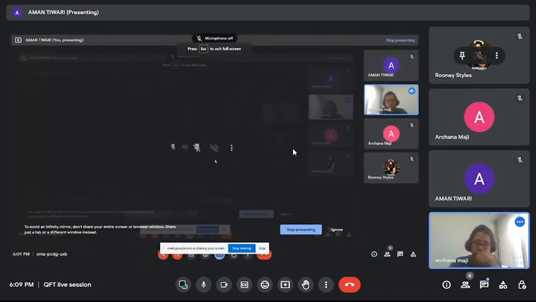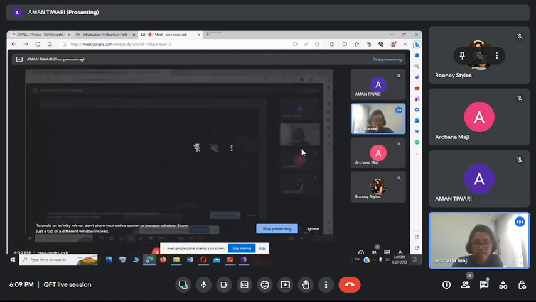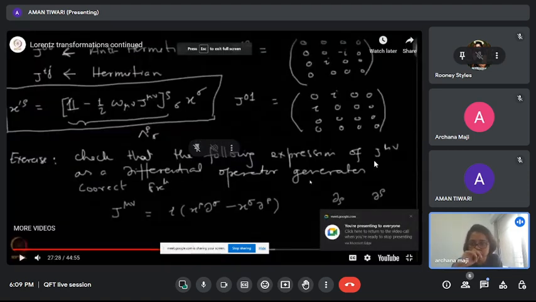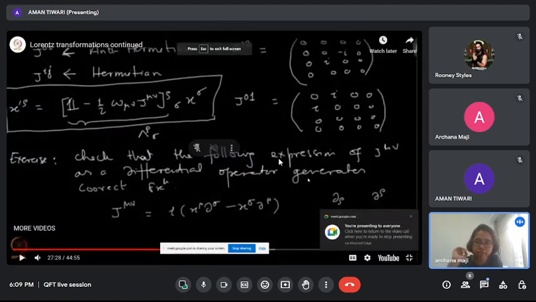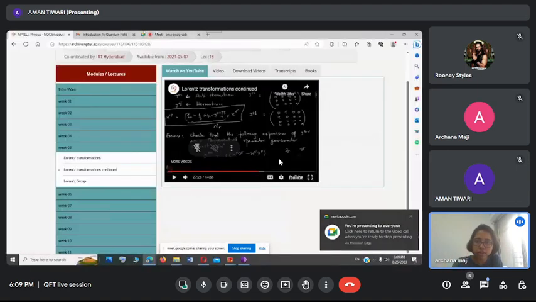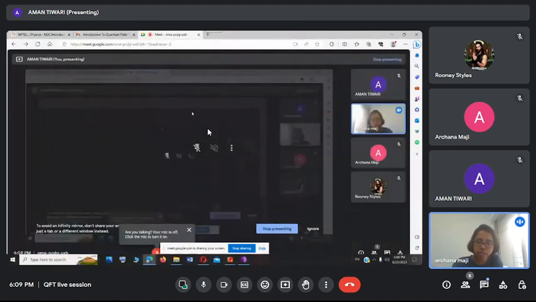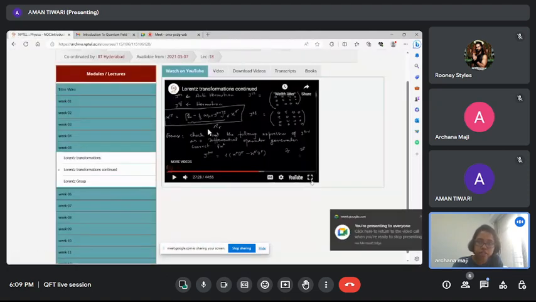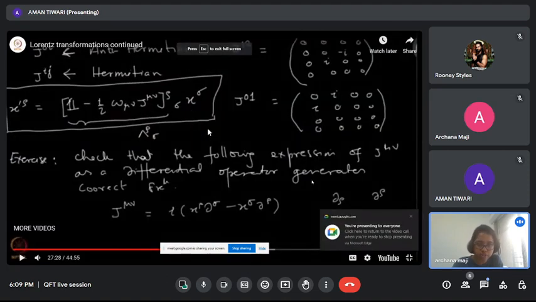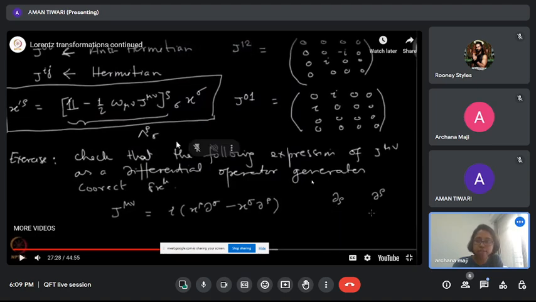So, what I was saying, that is the generator corresponding to Lorentz transformation. Now you will have a total of 6 generators, 3 corresponding to the rotations and 3 corresponding to the boosts. So this rho and sigma are basically denoting those indices. These are not space-time indices.